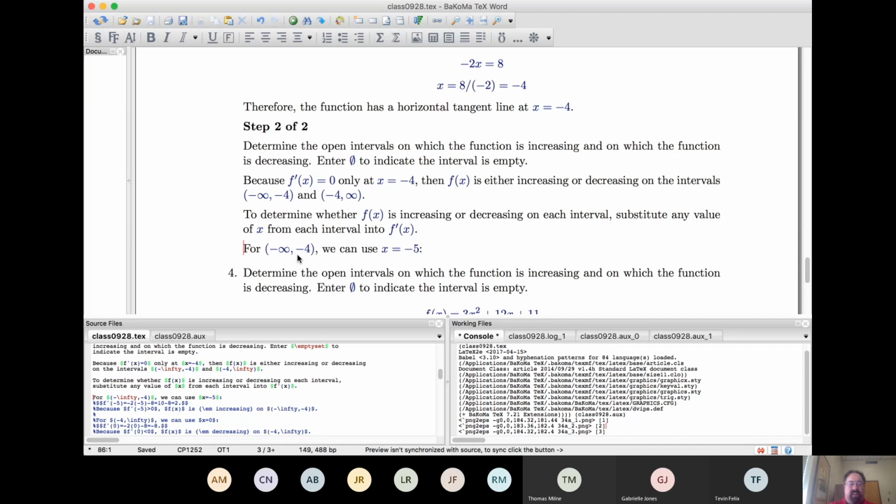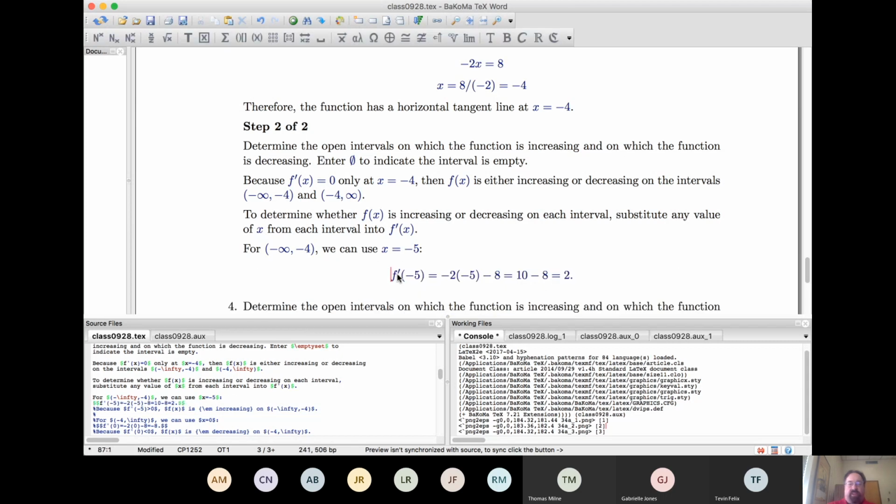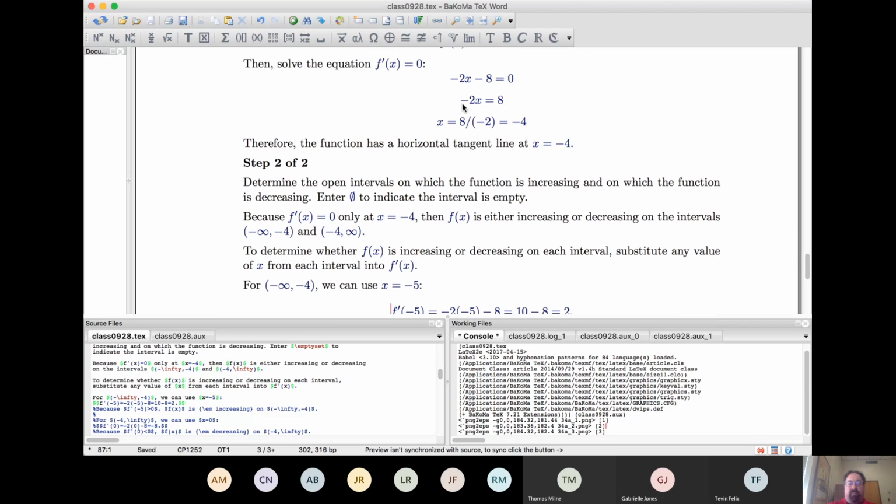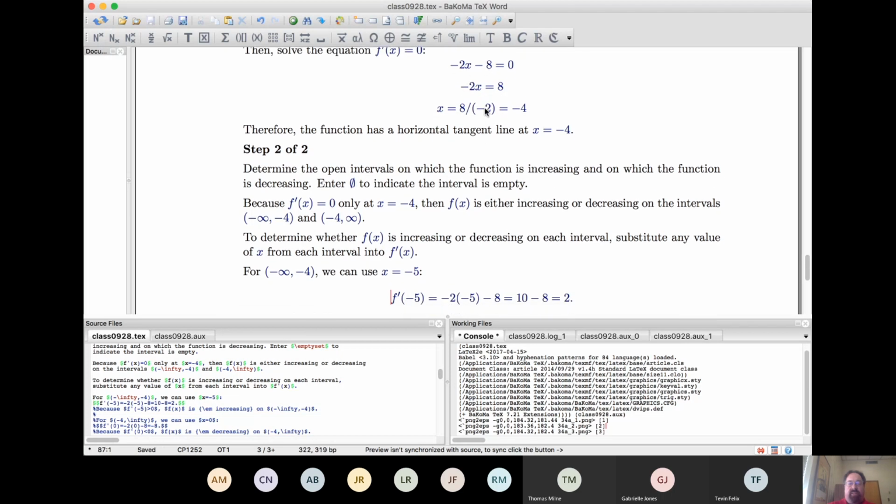But 0 is not in this interval, so I have to choose something else. So now I take this -5 that I've chosen and substitute it into the derivative. So the derivative is -2x minus 8. I substitute it in there, and I end up with a positive value.